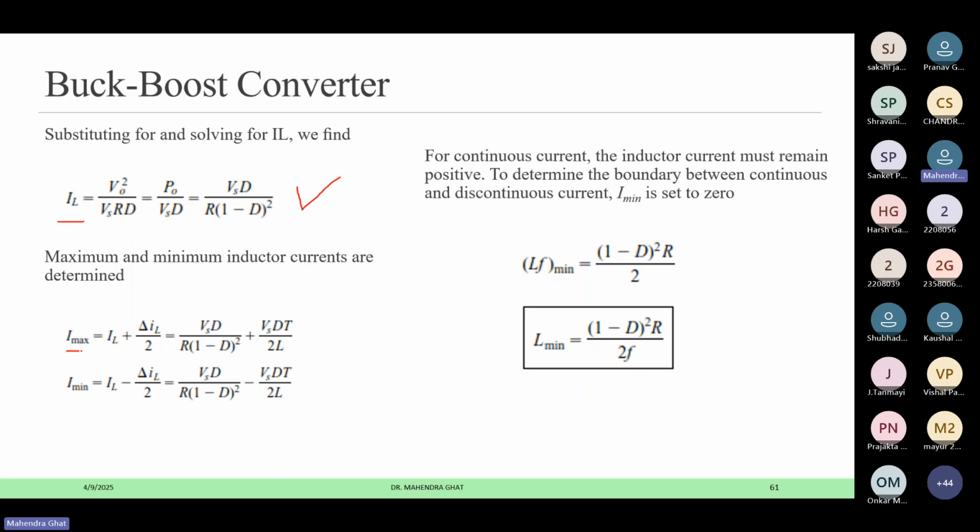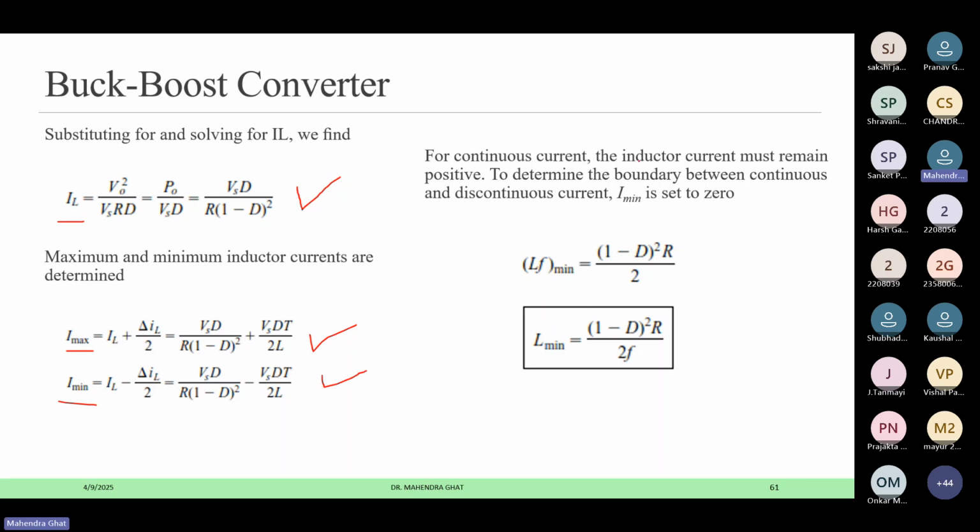So we can calculate the I max and I min by putting the values for the IL and delta IL by 2. So I max is IL plus delta IL by 2, and I min is IL minus delta IL by 2. So these are the equations we are getting for the I max and for the I min.